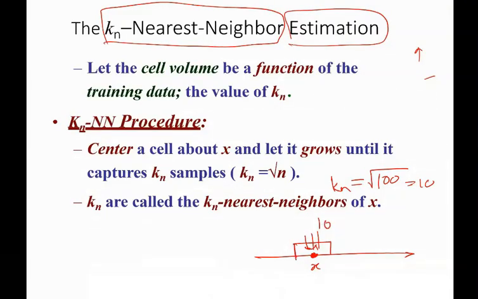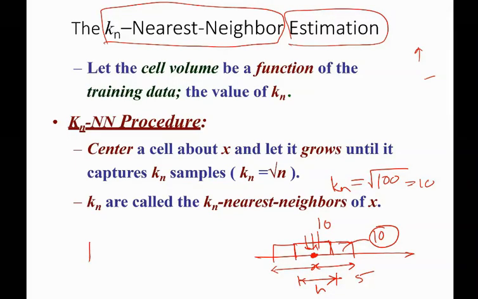If I place some initial width h and find there are only 5 samples in this width, then I can increase this window. I will keep on increasing this window till I get 10 samples. That's why the name is K nearest neighbor, where K stands for 10 here. So we are in search of 10 neighbors, and to accommodate 10 neighbors, whatever the size of window, we are going to expand it.